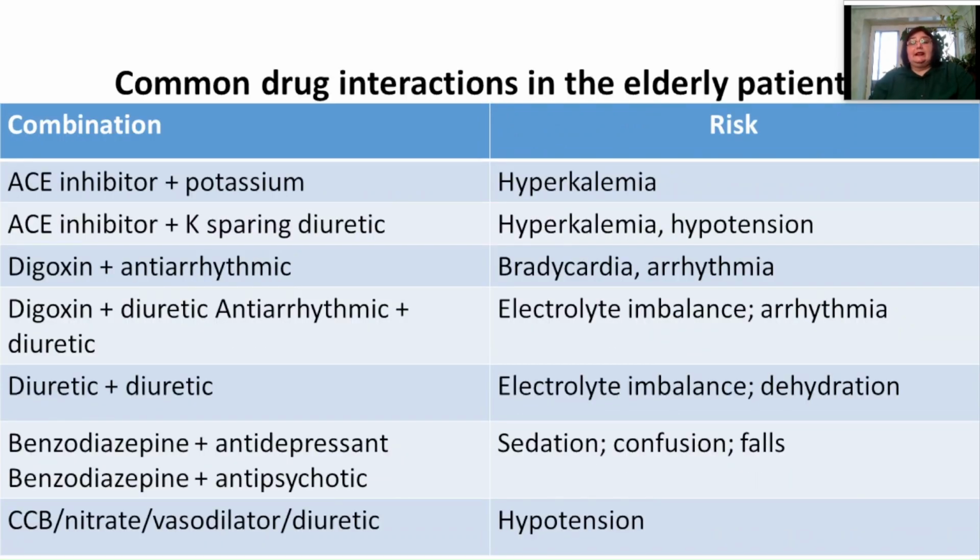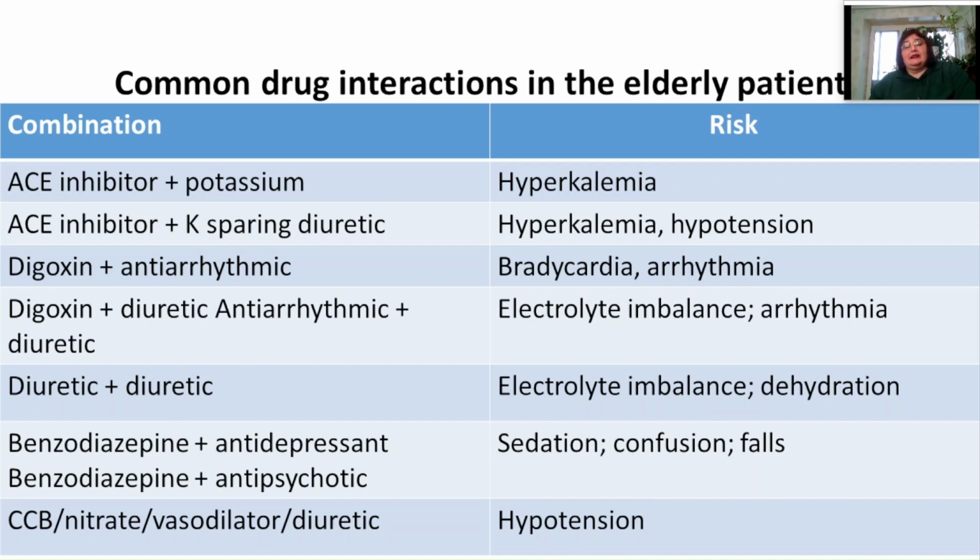Common drug interactions in elderly patients. For example, angiotensin converting enzyme inhibitor plus potassium, the risk is hyperkalemia. Angiotensin converting enzyme inhibitor plus potassium-sparing diuretic: hyperkalemia, hypertension.